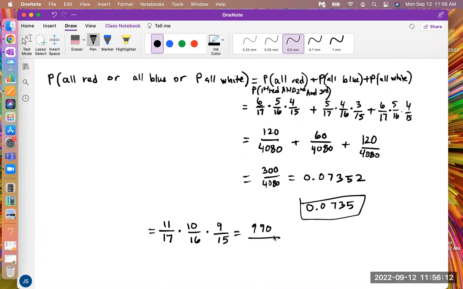And then 17 times 16 times 15 is that same number, 4080. And so if we divide that, it's 990 divided by 4080.